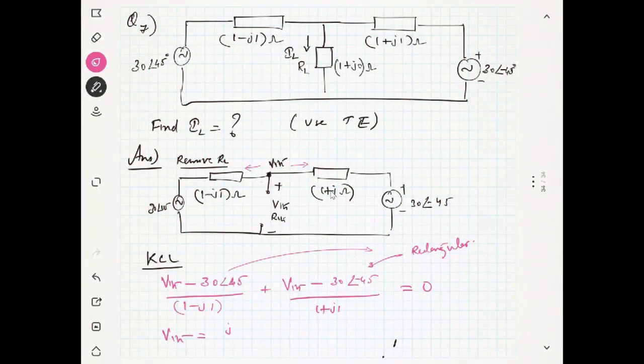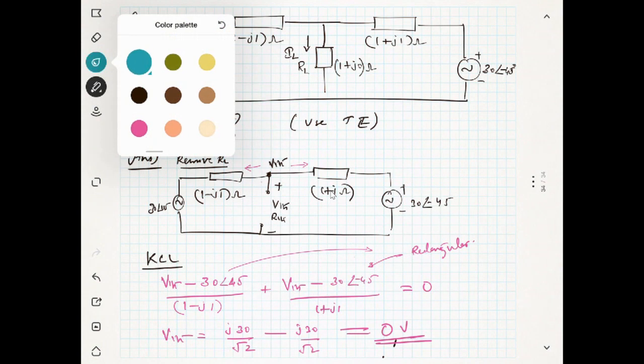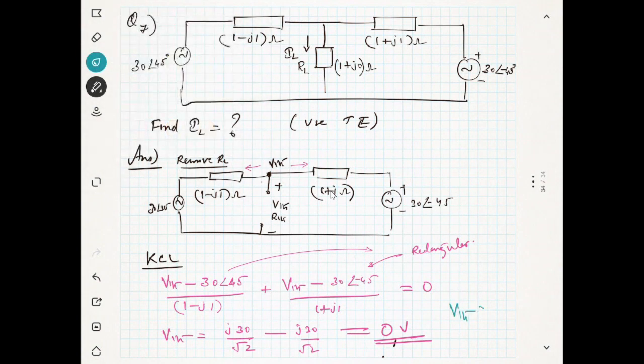After simplification, you will get Vth as J30 by square root of 2, minus J30 by square root of 2. That means you will get exactly 0 volt. So for this circuit, Vthevenin is equal to 0.